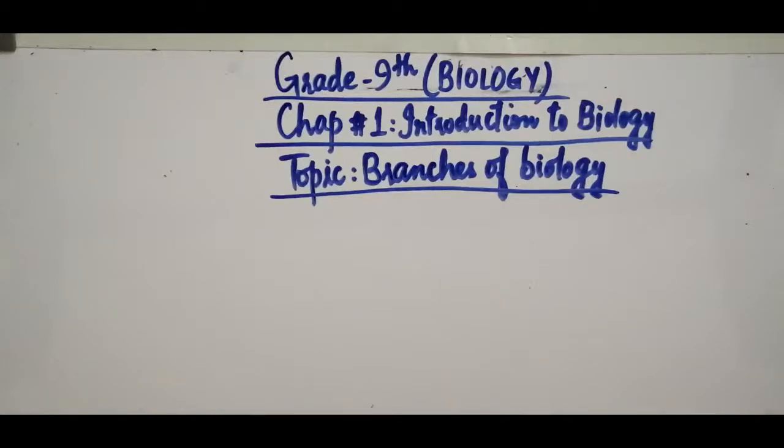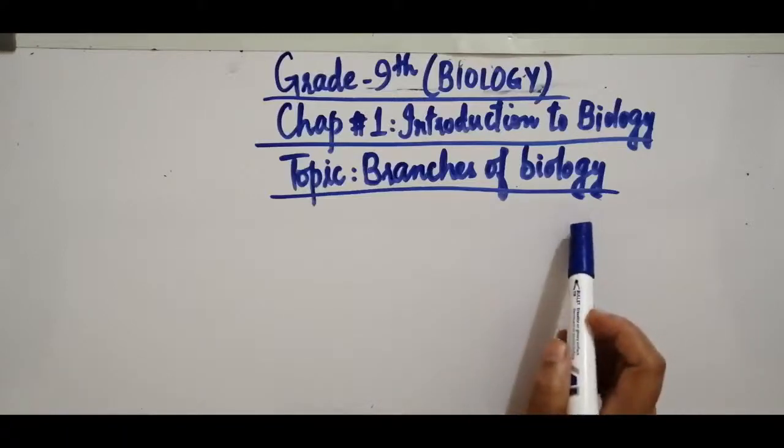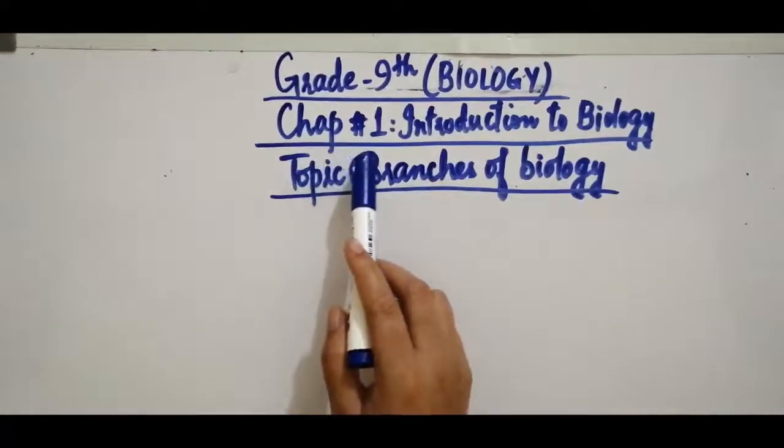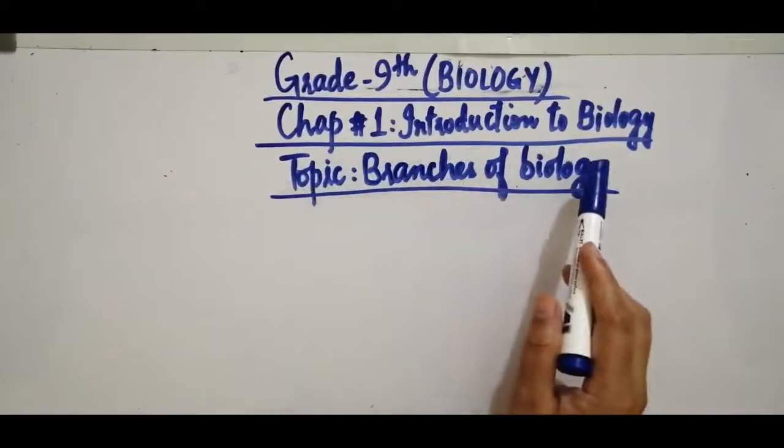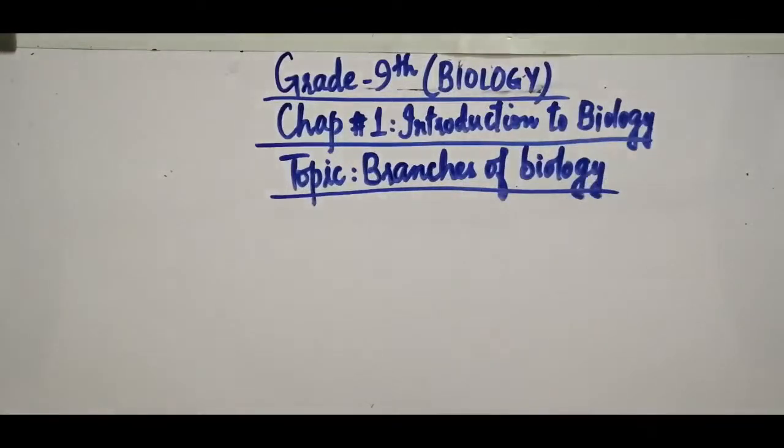Today we are going to discuss the topic branches of biology, which is mentioned in your book chapter number 1, Introduction to Biology. First of all, I want to recall your previous knowledge that biology is basically the scientific study of life, and it is divided into three major divisions, which are botany, zoology, and microbiology.